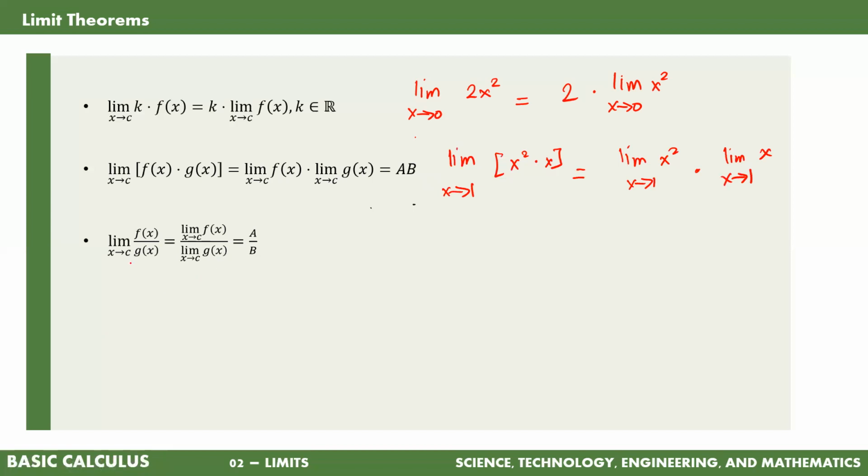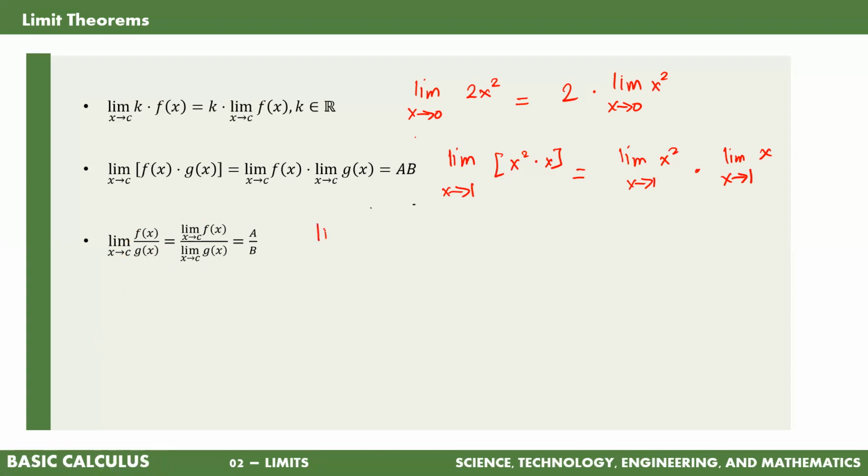Yan. So, ito division naman. Basically, yung apat na operation na yon, addition, subtraction, multiplication, and division, pwede mo lang din silang paghiwalayin. So, sa case na to, you have the limit of f of x over g of x as x approaches c equal siya sa individual limit nung f of x as x approaches c divided by limit of g of x as x approaches c.